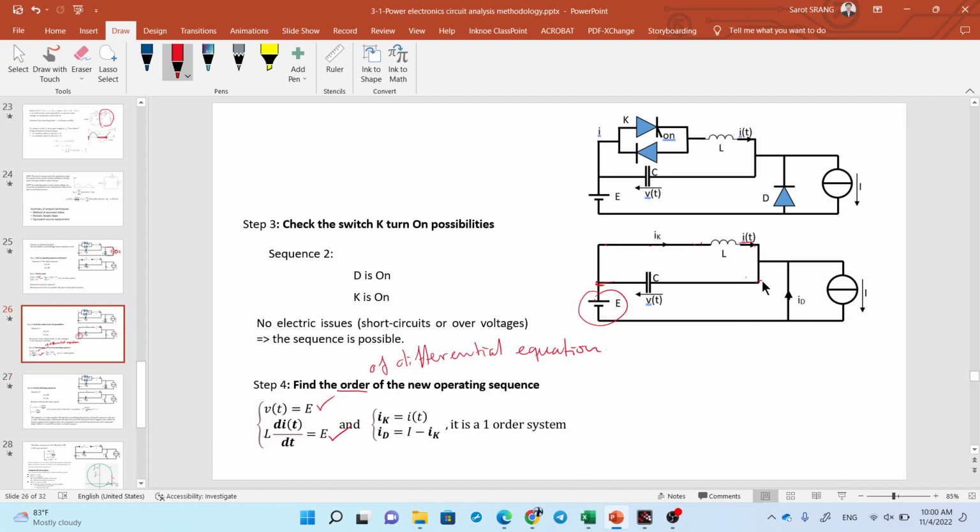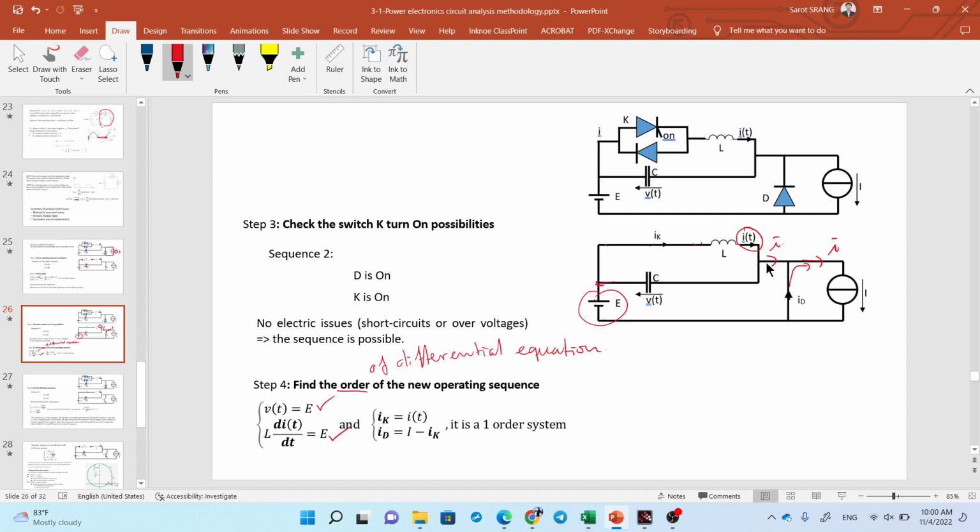So let's take a look. This sequence can last forever or it can change. Look at here. The current here is always I. When D is still on, at the initial state the current here is I itself, but when the current from the inductor starts to flow, you also have IL here.